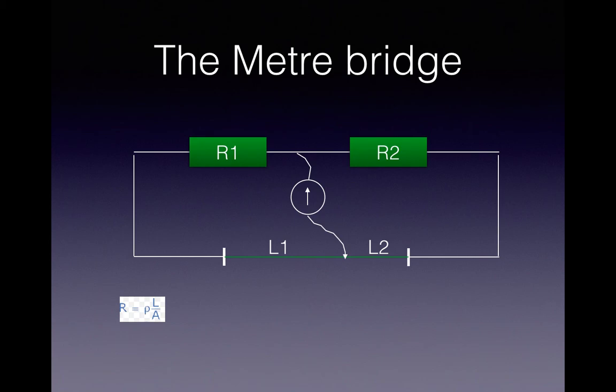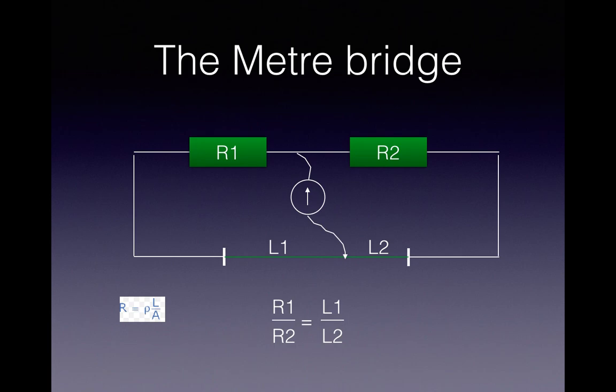Now, resistivity and cross-sectional area will be the same for both L1 and L2, so when you put R3 over R4, the rhos and the A's will cancel, and your formula simply becomes R1 over R2 is L1 over L2 when the bridge is balanced.